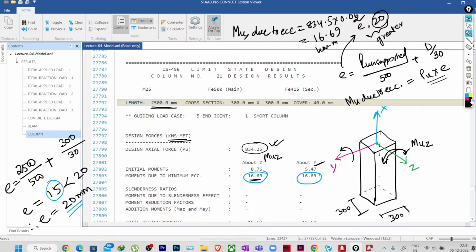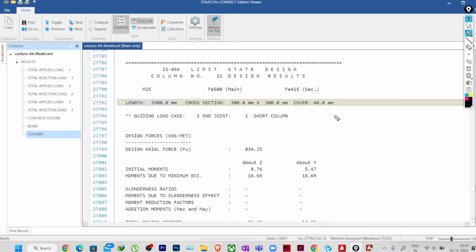To define the unsupported length of the columns, we need to assign two commands, which are ULY and ULZ. These are called unsupported length ratios.